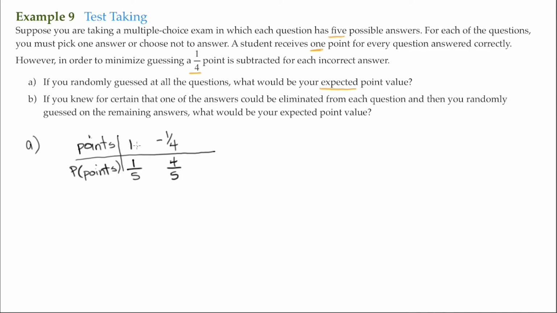I then multiply these together and then sum them. So 1 times 1/5. And don't forget that this has to tally up to 1. So 1 times 1/5 minus 1/4 times 4/5.